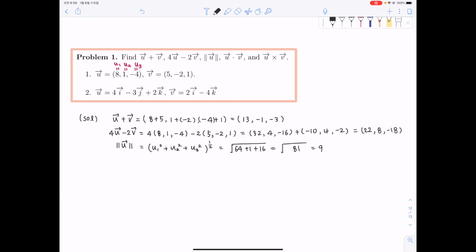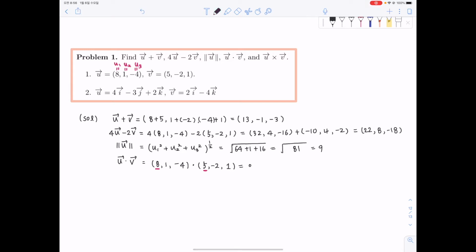And we want to find the dot product of u with v. So u and v here, and the product is this one times this one.